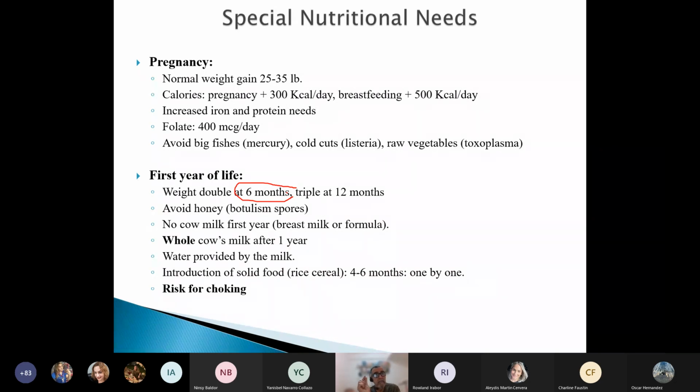But the other concept that you need to have for this is that of all human beings at any age and in any condition, babies are the ones that need more food proportionally for their weight, for each pound of weight, for each kilo of weight. I weigh almost 200 pounds, and the baby is weighing 8 pounds.